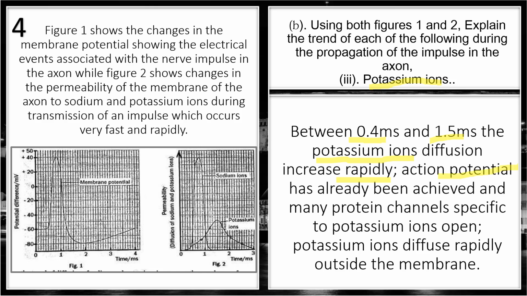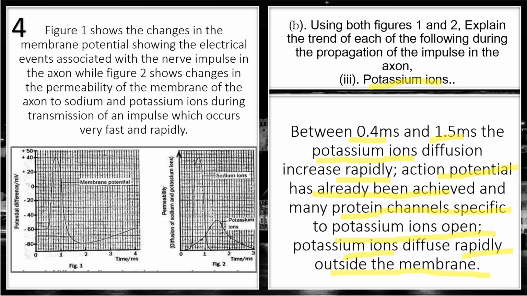The action potential has already been achieved, and many protein channels specific to potassium ions open. So the potassium ions diffused rapidly outside the membrane.